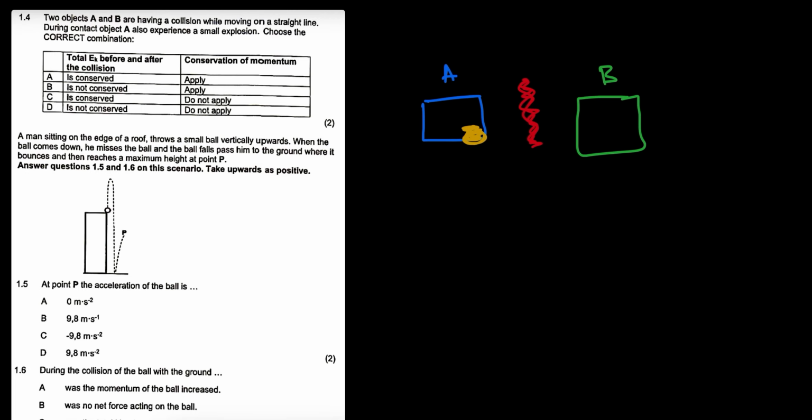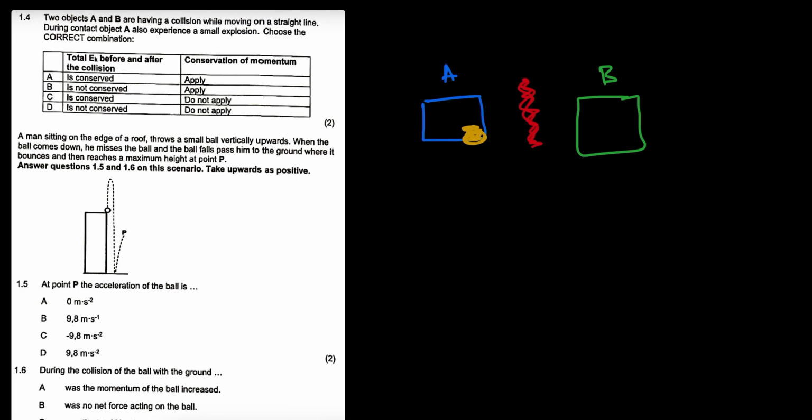So when that happens, what is going to happen now? We have to choose a suitable statement. Statement A says the total kinetic energy before and after collision is conserved.